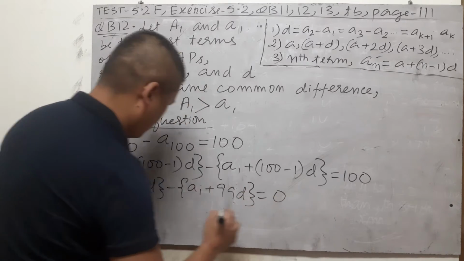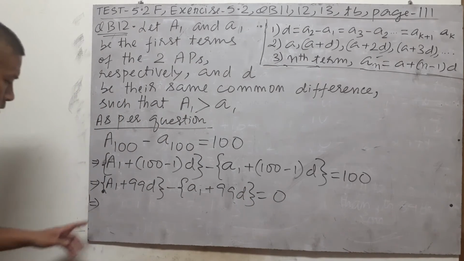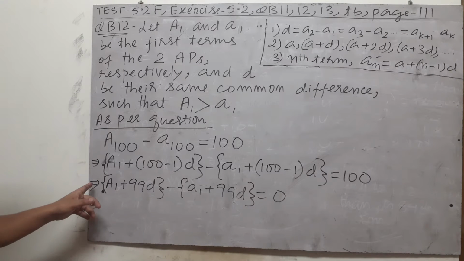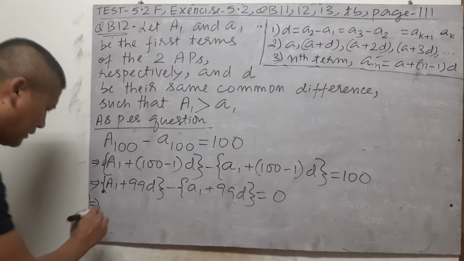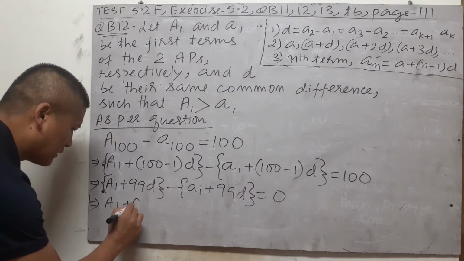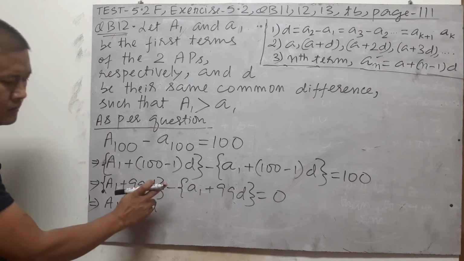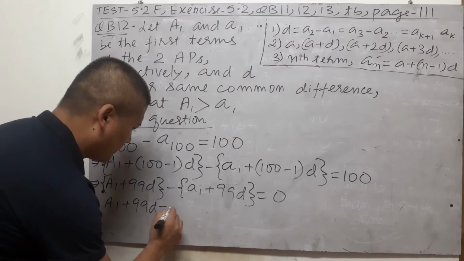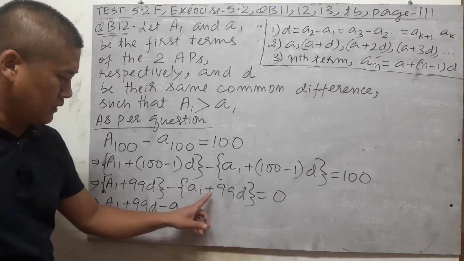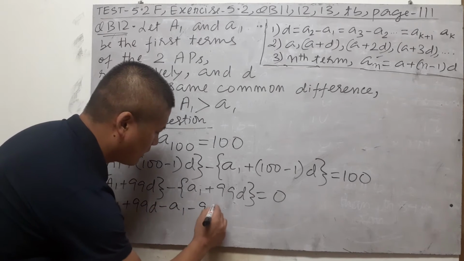Is equal to 100. Now let us remove these brackets by multiplying outside to inside. Outside is plus, so the inside will be the same even after removing the bracket: A1 plus 99d. Where there is minus outside, we need to be careful: minus into plus is minus a1, minus into plus is minus 99d.